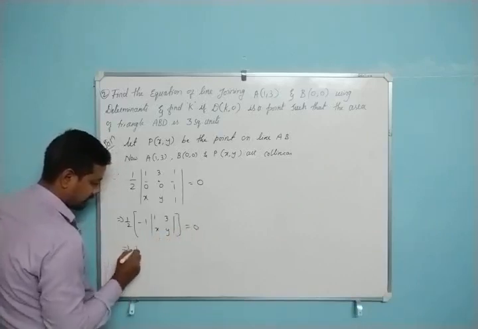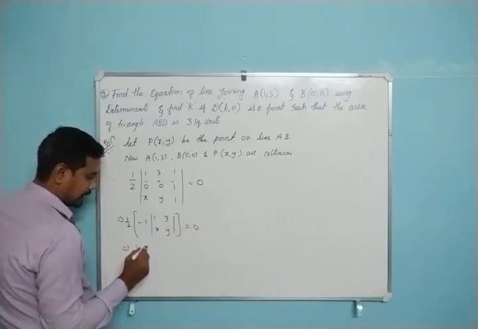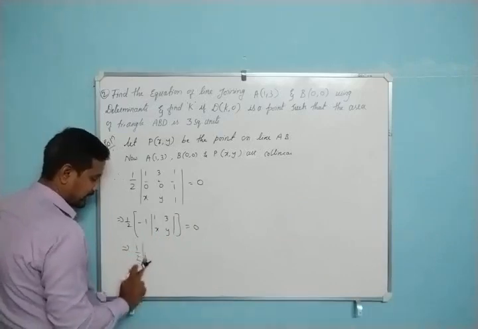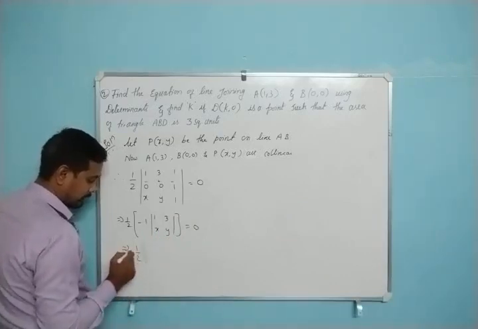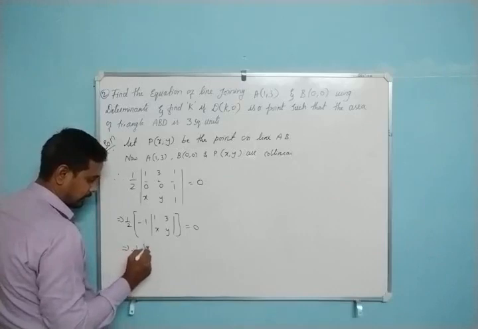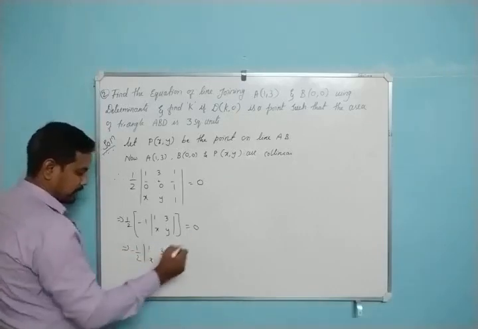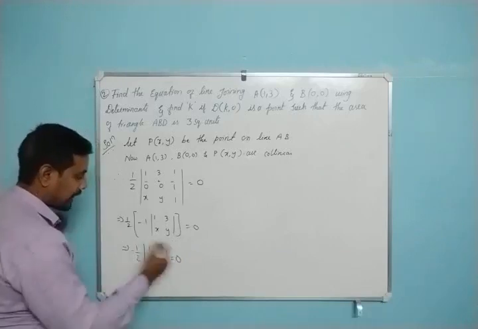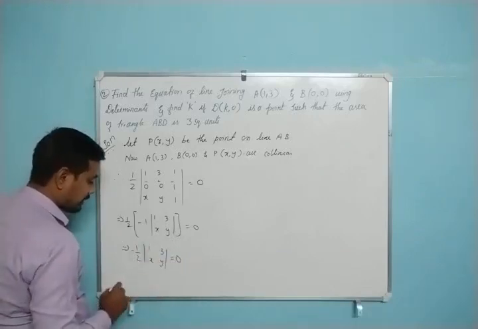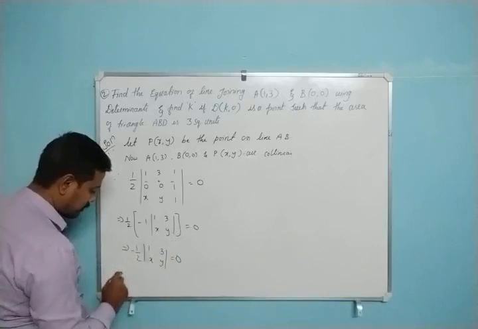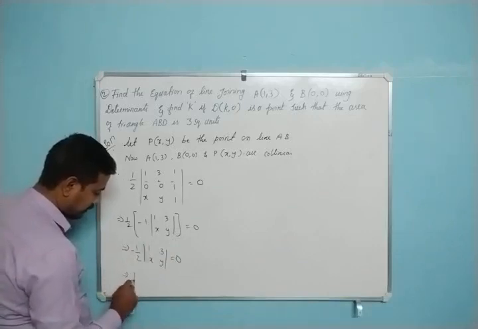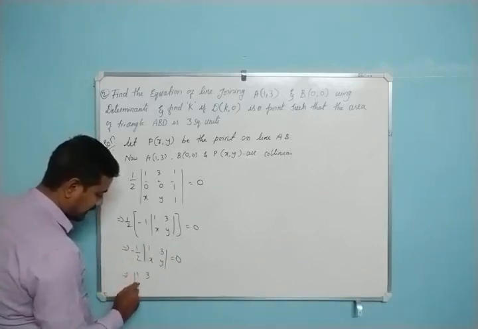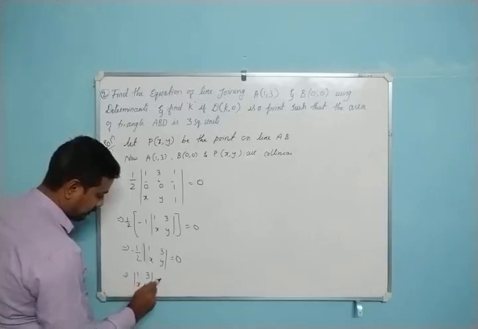So this implies half, or minus I will take out, the determinant 1 3 x y is equal to 0. Minus comes on the other side, it becomes plus. This half is not equal to 0, so the determinant will be equal to 0: 1 3 x y is equal to 0.